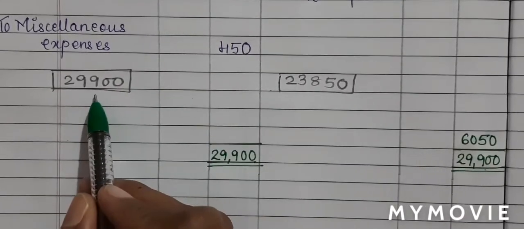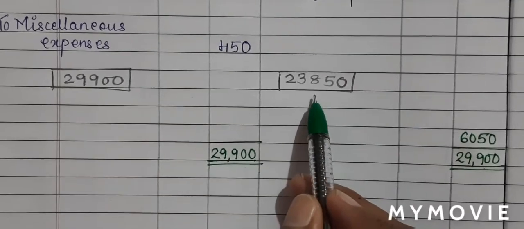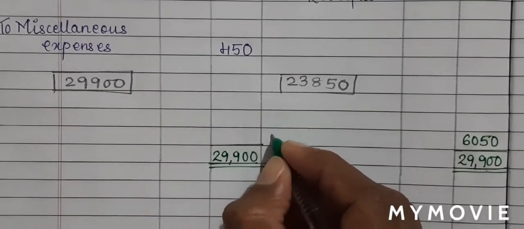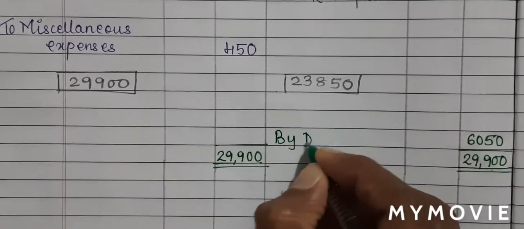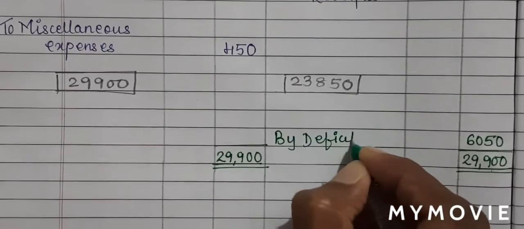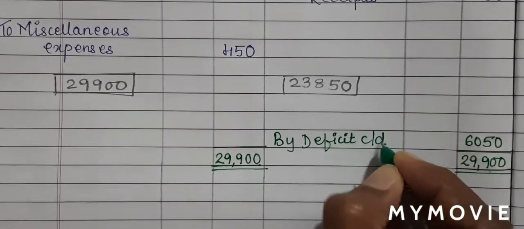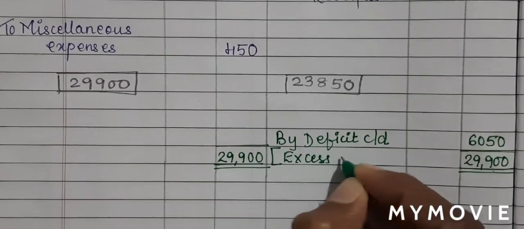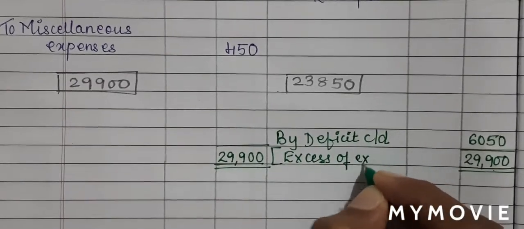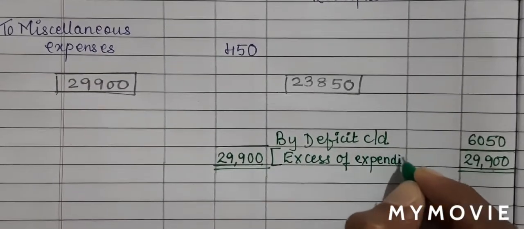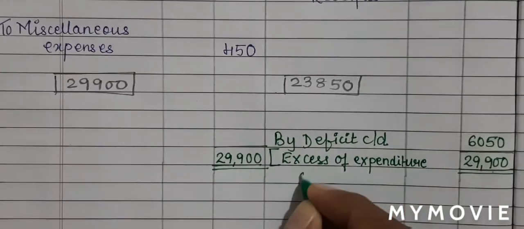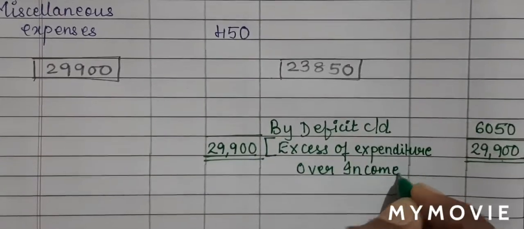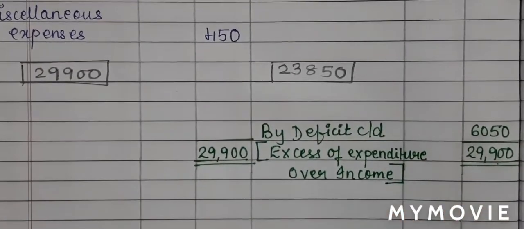In my business, when my expense is more than my income, which means there is a deficit. So I will write down as by deficit carried down. In the bracket, I will write down excess of expenditure over income. And I will close the bracket.